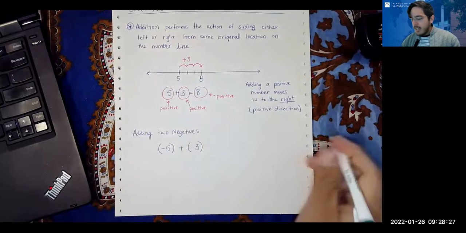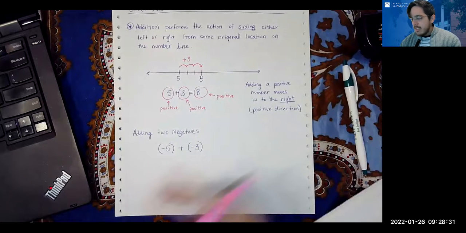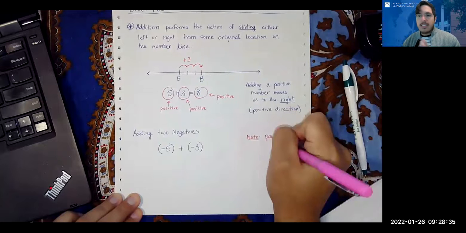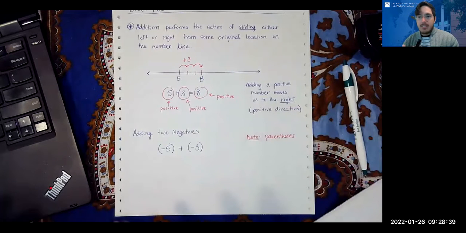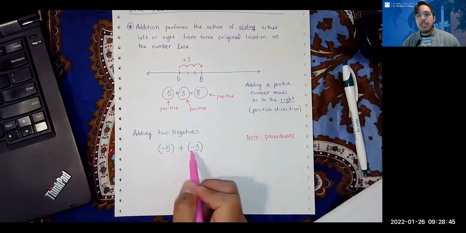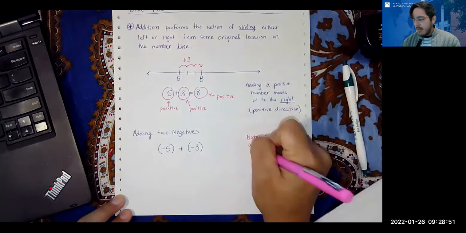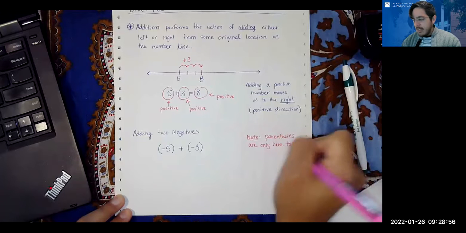I want to make a note here that the parentheses are just trying to clarify for you that we're dealing with negative numbers, right? Because if we had a bunch of addition signs and minus signs next to each other, it gets really confusing. So the parentheses are only here to clarify that the numbers are negative.